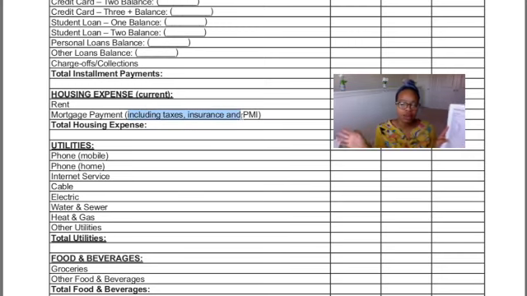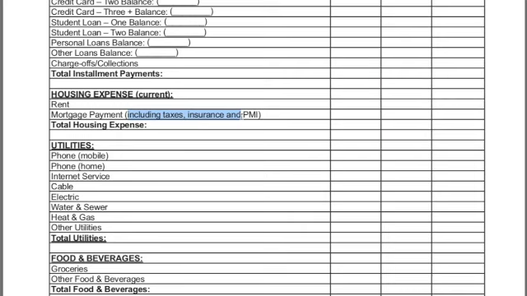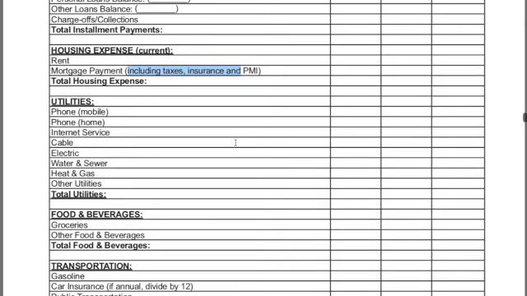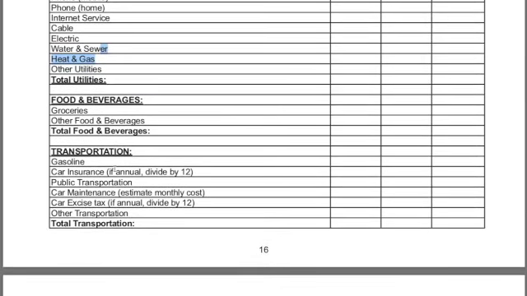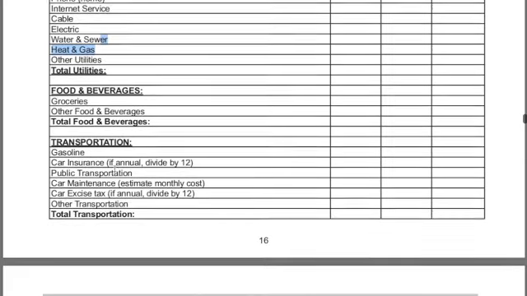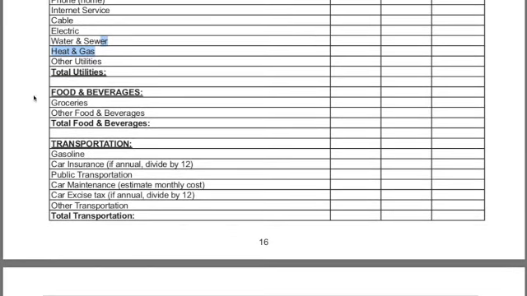If you're going through NACA and you're doing the purchase program, you cannot have a mortgage in your name. Your phone bill, mobile phone, home, internet, cable, electric, water, the typical things that you would normally pay when you're paying rent and what you will have to pay when you have a mortgage.